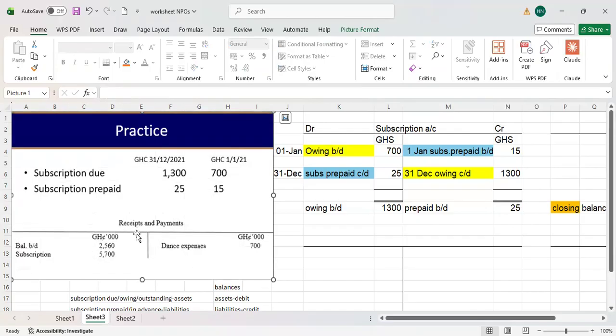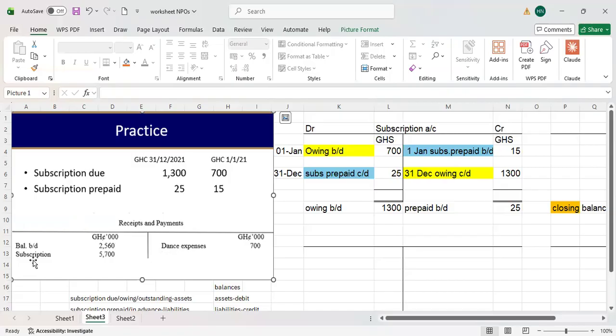If you check the receipts and payments account, you see the subscription at the receipt side, 5,007. Once it's at the receipt side, it tells us that monies have been received. Members have paid their subscriptions amounting to 5,007. Because it's on the debit side of the receipts and payments account, when we go to the subscription account, we'll see it on the credit side.